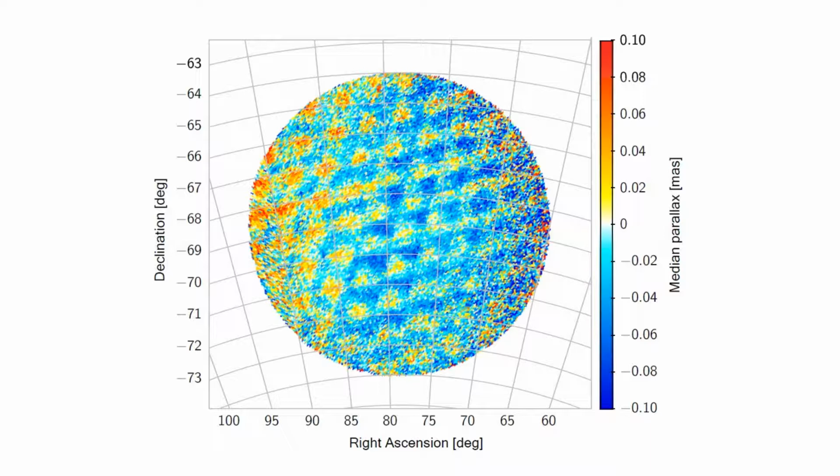So this pattern and other systematic errors that are in the catalog limit the precision that you can get from averaging over the parameters of a set of stars, be it parallax, position, proper motion.